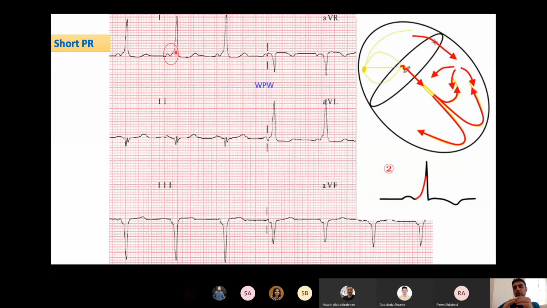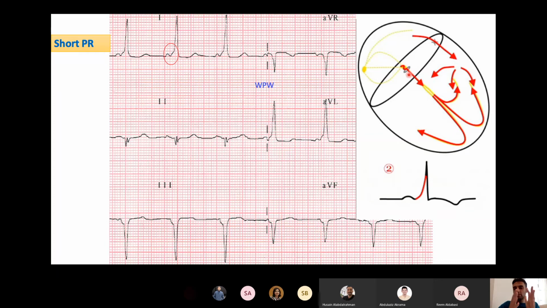And because this accessory pathway conducts rapidly, you will get a short PR, because usually, again, the AV node slows down the conduction and you get a decent PR. But if you have an accessory pathway that conducts quickly, you will have shortening of the PR. Makes sense?